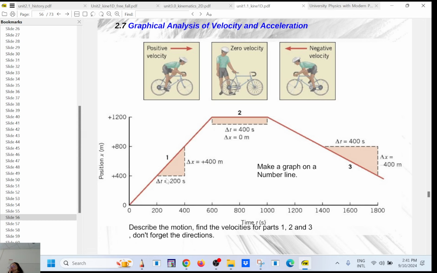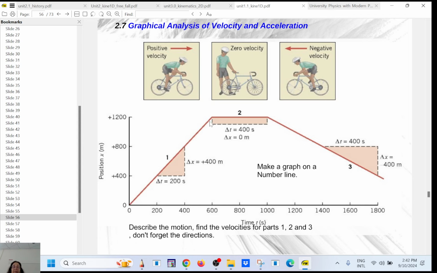So what's the velocity? 2 meters per second. Yes? Rise over run. Now, the slope, is it positive or negative? Positive. So that means he is moving to the right. Positive velocity is moving to the right at a constant velocity. He's cruising. If you look here, that means he's moving on the number line, okay, away from home.